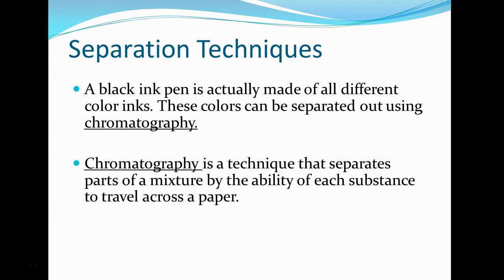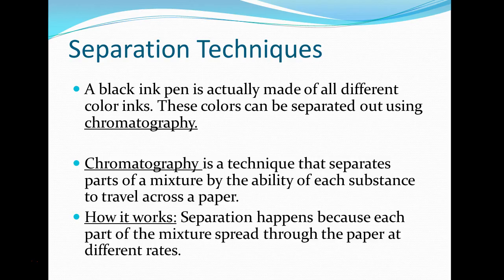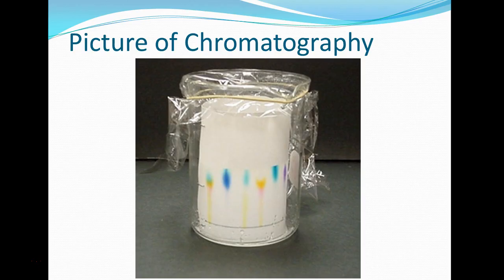You can separate pigments in a leaf by doing this, in Kool-Aid, and in different colors of pen. So how it works, the separation happens because each part of the mixture spreads through the paper at different rates. So for example, here's a picture of chromatography.